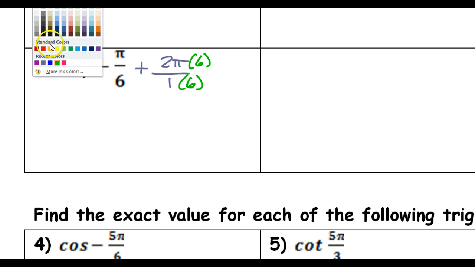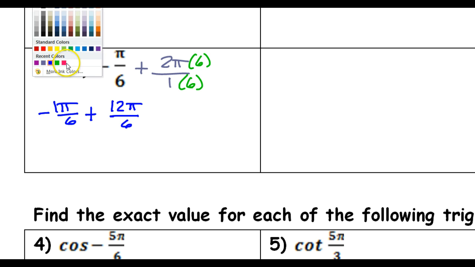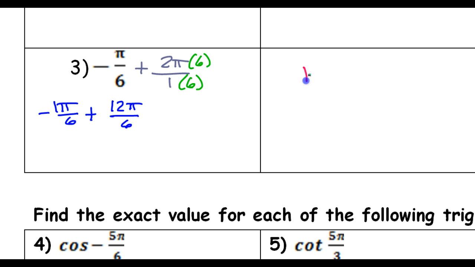So in that case, what I have going on is negative pi over 6 plus 2 times 6 is 12, yeah, so that's 12 pi over 6. So it's like negative 1 plus 12. So that's going to be 11 pi over 6. So that will be my coterminal angle, 11 pi over 6.